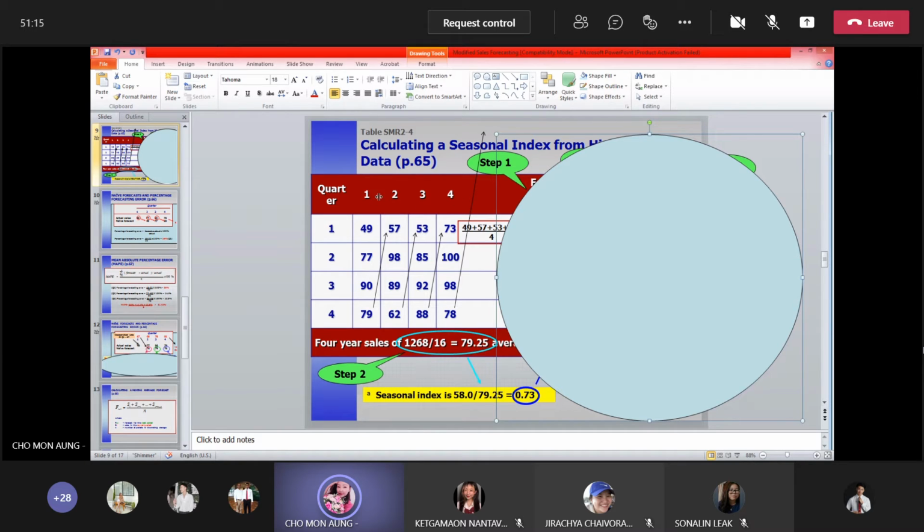In terms of number of years, only 4 years. But in terms of quarters, how many quarters? 16 quarters. Assume that this is the end of quarter 3, and we are about to enter quarter 4. If we were in quarter 4, and we are going to forecast for the next period, we are using the past data.